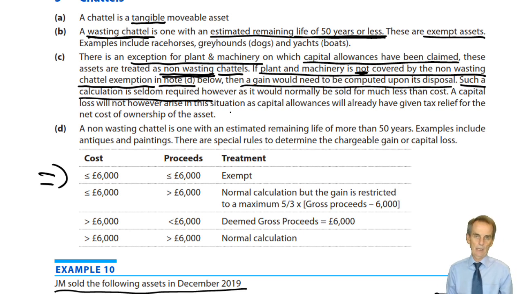But if you sold it for 40,000, then think, in your capital allowances computation, you put 100,000 in when you bought it. You'll have claimed whatever allowances, whether that was AIA, whether it was a mix of AIA and WDA, whether it was just WDA. You claimed allowances. And now you've sold for £40,000.